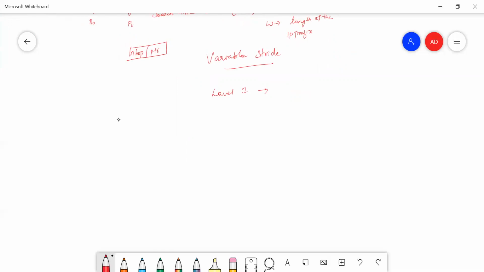For example, if level 1 has a 2-bit stride, level 2 can be either 2 bits or 1 bit. This could be the combination of strides.